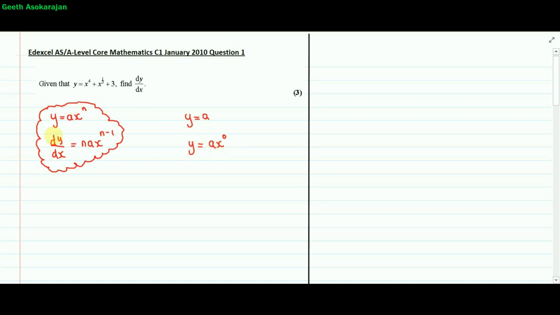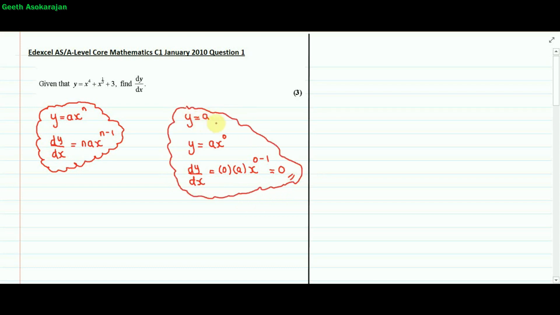If we apply the basic rule of differentiation to work out the derivative, remember the idea again: multiply by the power, 0 times a is 0 into a, subtract 1 from the power to give us 0 minus 1. 0 times anything is 0, so therefore the derivative is 0. The point that I'm trying to make is, whenever you differentiate a constant, any constant, the outcome is 0.